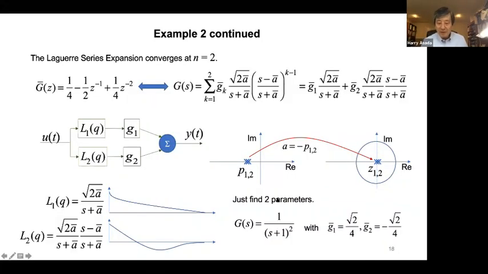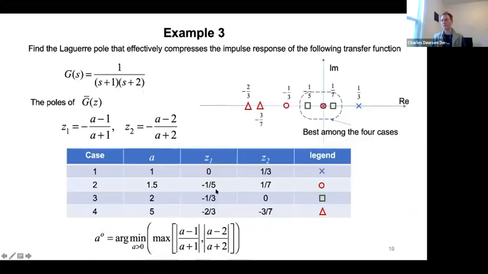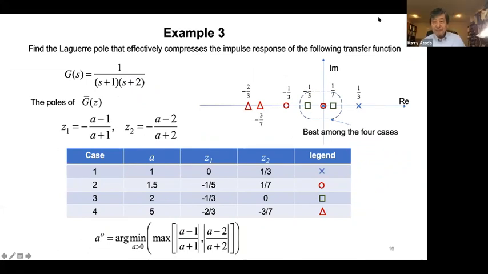So let me show you the next example, which deals with such a problem. The next example is something like this: 1 over (s plus 1), 1 over (s plus 2).